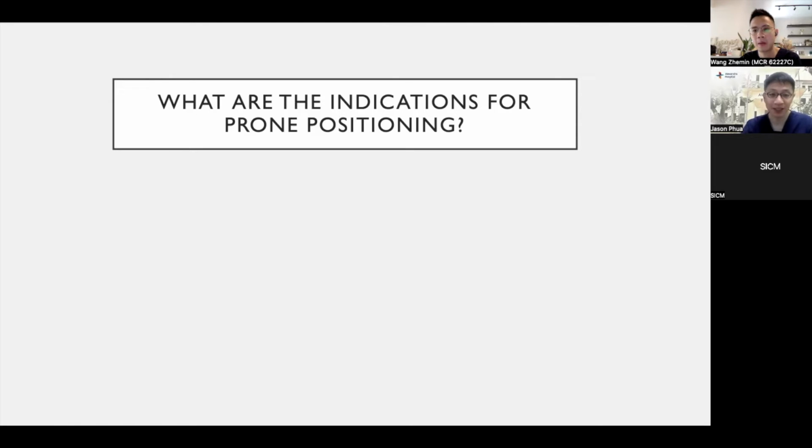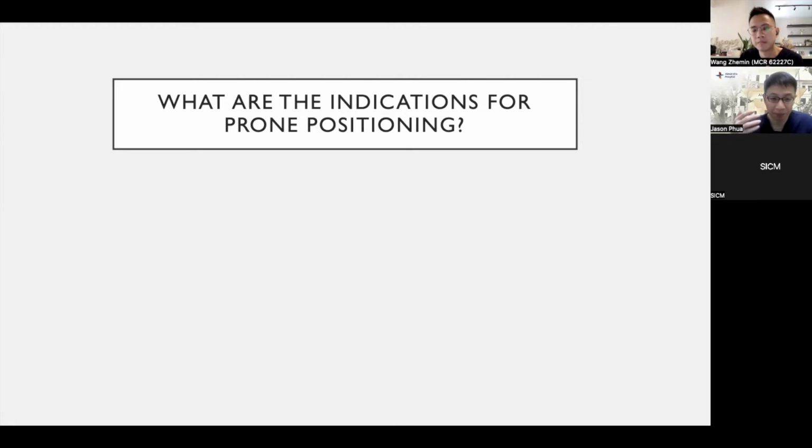The post-2021 that I was referring to is, of course, COVID, right? And there have been a number of studies that look at awake-prone positioning. And I would summarize them as saying that awake-prone positioning possibly, not definitely, works for patients with COVID.